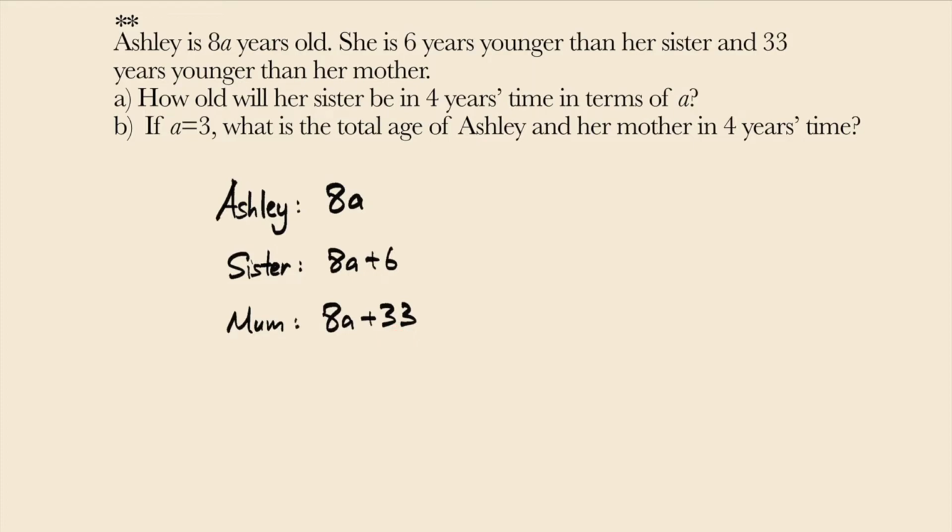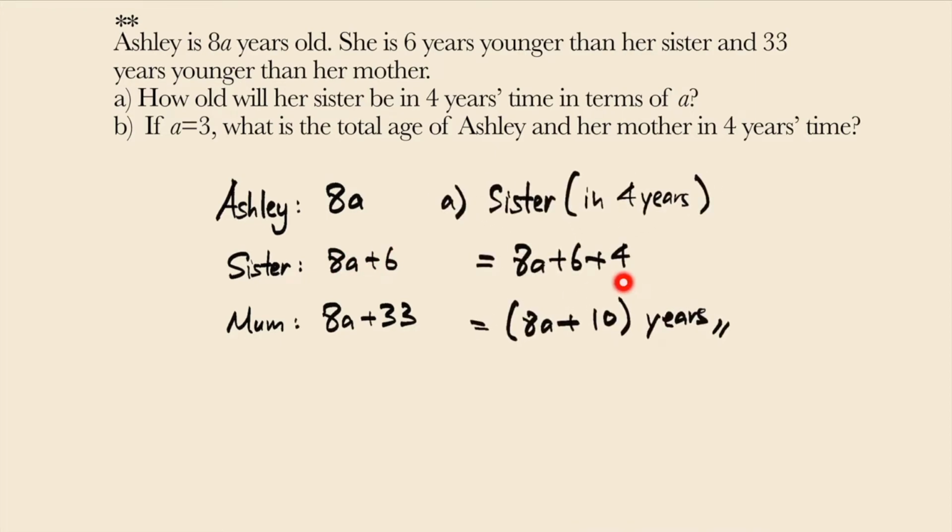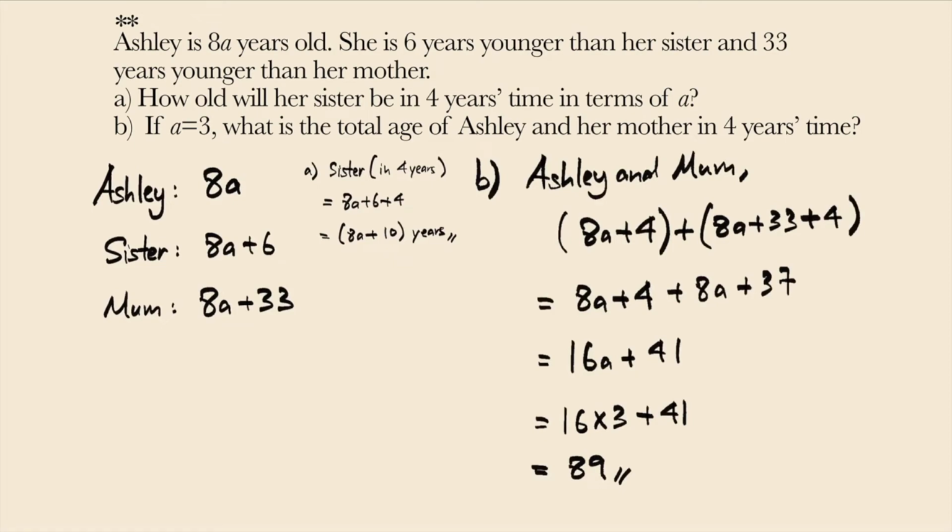Next, how old will the sister be in 4 years' time in terms of age? So whatever this is, we'll calculate 4 years into the future. That's an addition of 4, so that's 8A plus 10 years. If A equals 3, what is the total of Ashley and her mother in 4 years' time? So sum these two up, we are not counting the sister, and then plus 4 to each of those ages.